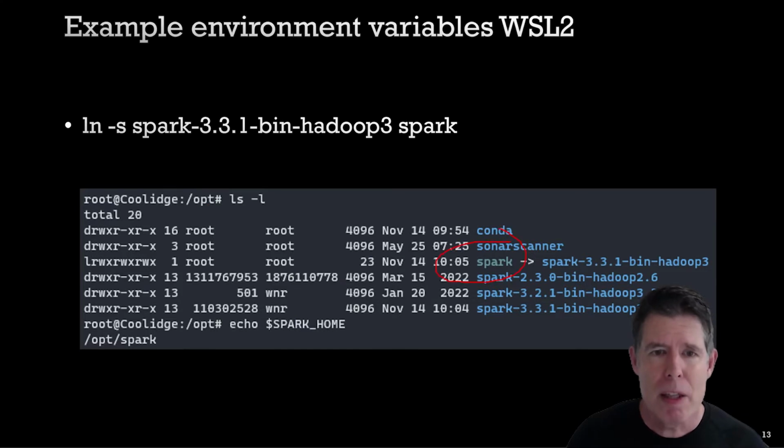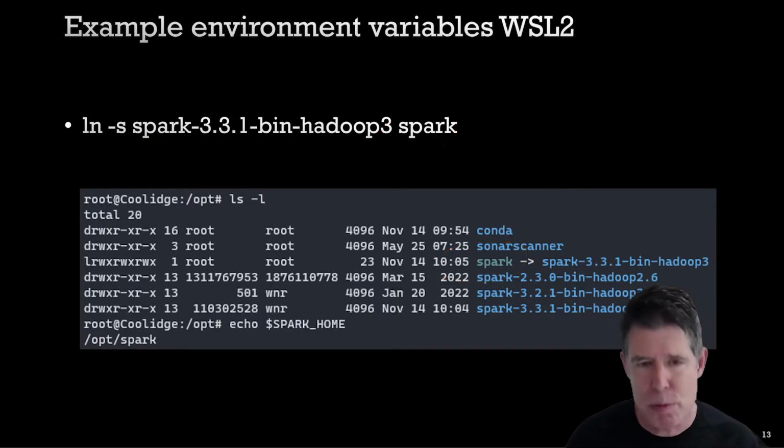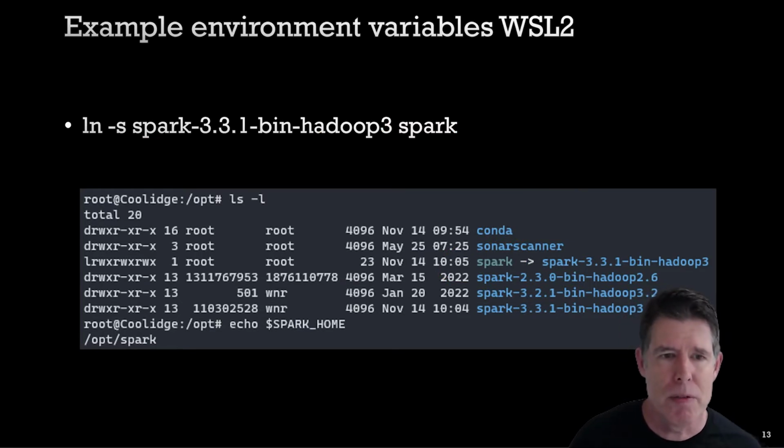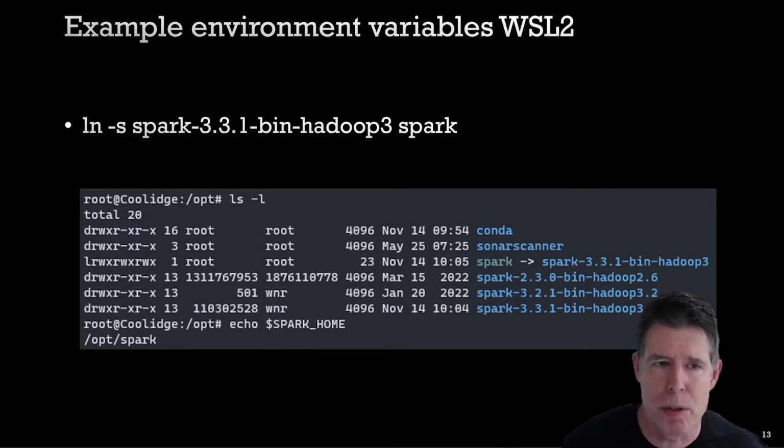Then rather than mess around with changing the path every time, I just have a Spark symbolic link to one of these. You can use the command ln for link, -s for symbolic, and then your newest install, and then give it the name spark. That way, if your Spark home is set properly in your Linux, your WSL2, then everything works.